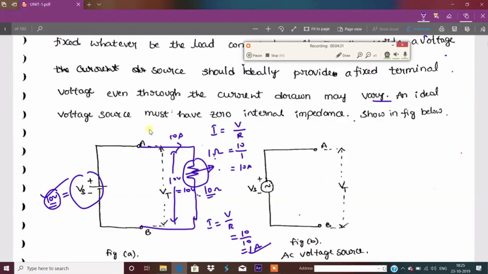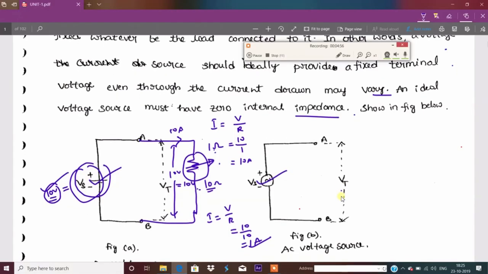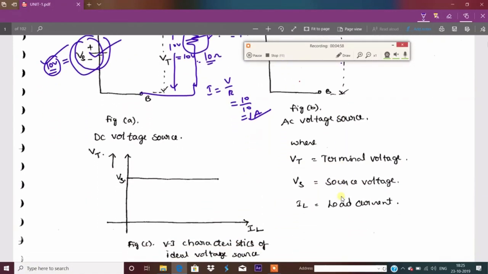So the ideal voltage source voltage is constant irrespective of the load connected. Maybe that is a resistance or impedance. If it is AC, it is impedance; in case of DC, it is a resistance. The DC voltage source is represented by this symbol, and the AC voltage source is represented by this symbol.